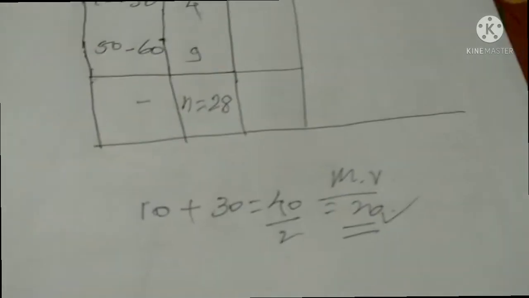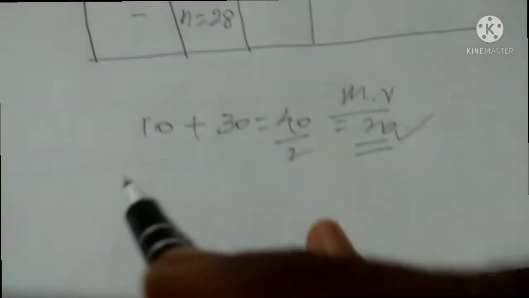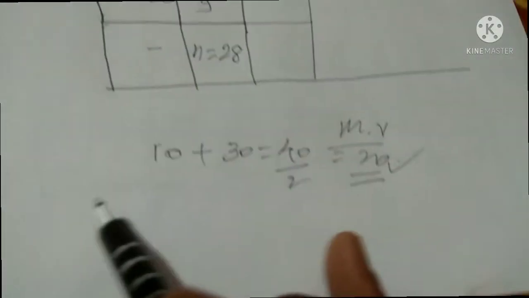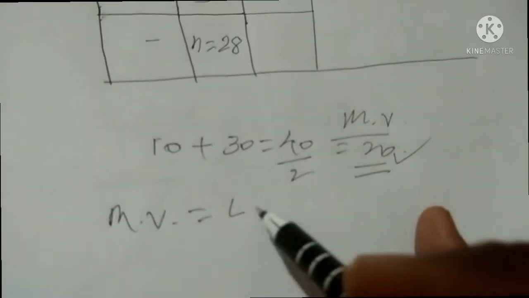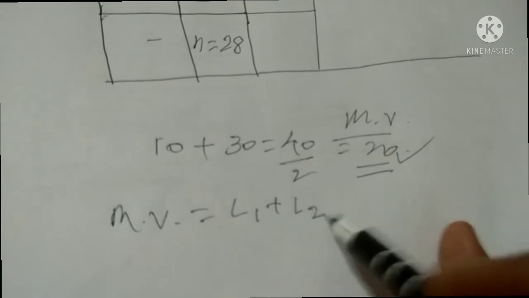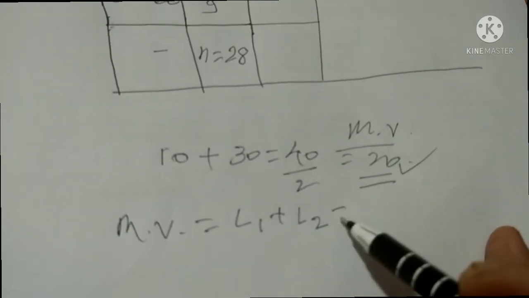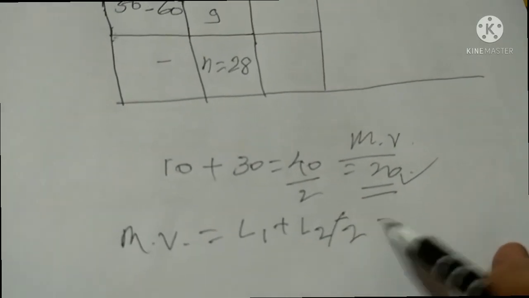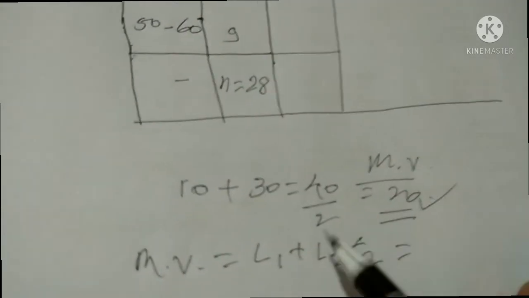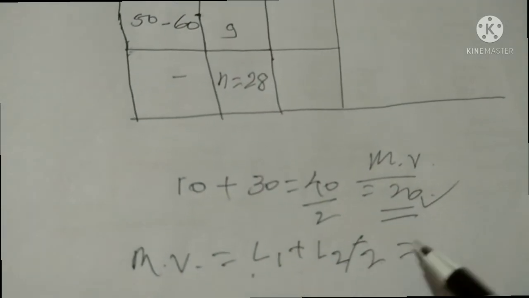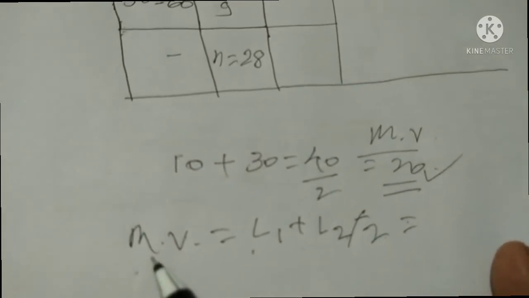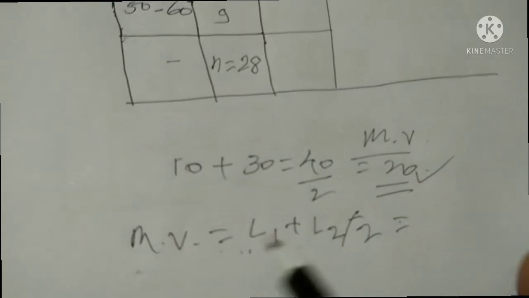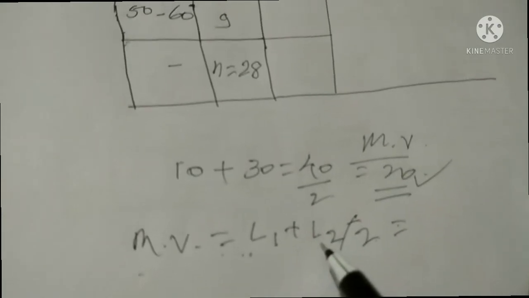So we can see here the formula of MV. MV equal to L1 plus L2 divided by 2. L1 plus L2 divided by 2, then we get MV, the mid value. So what is L1 and what is L2, we have to learn here.